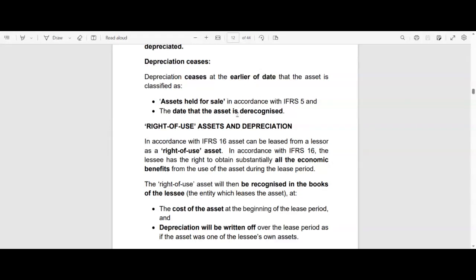We also derecognize it, we take it out of motor vehicles, if we are intending to trade it, right? So we're going to use it not to rent it out anymore, but to trade with it. Then we transfer it from the non-current asset to a current asset. So basically, it becomes part of your inventory, right?